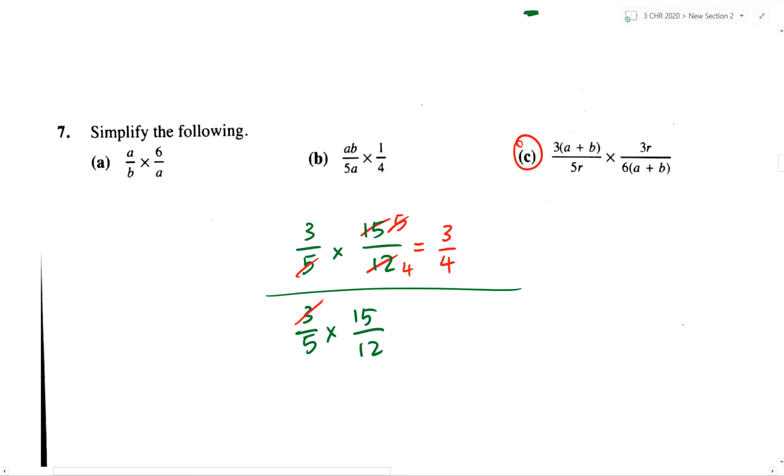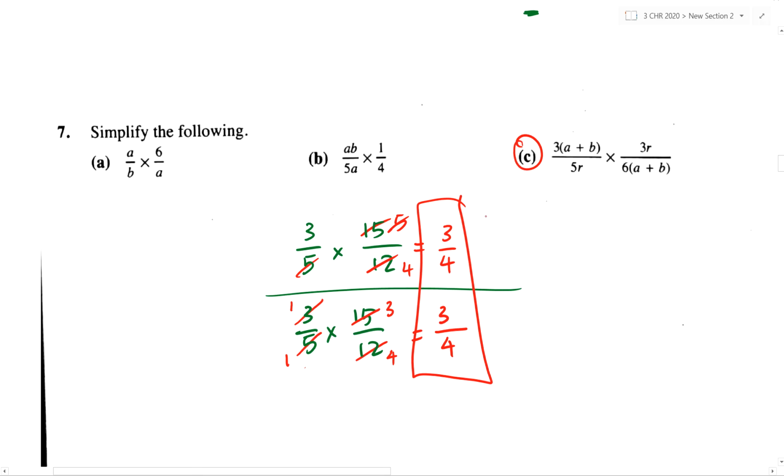So this 3 and 12, if we both divide by 3, I'm left with 1 here, I'm left with 4. If I cancel this way diagonally, divide by 5, left with 3, divided by 5, left with 1. So our answer will be 1 times 3, which is 3, divided by 1 times 4, which is 4. These two answers are the same, and it should be the same.